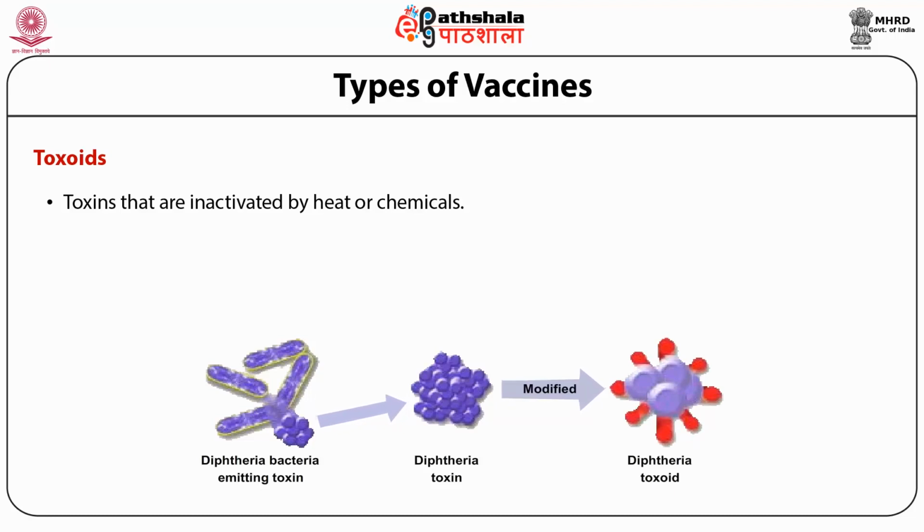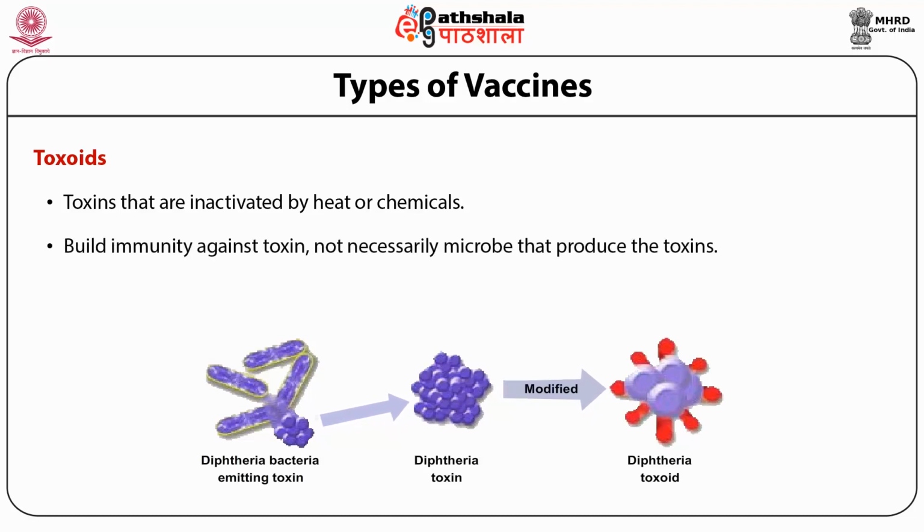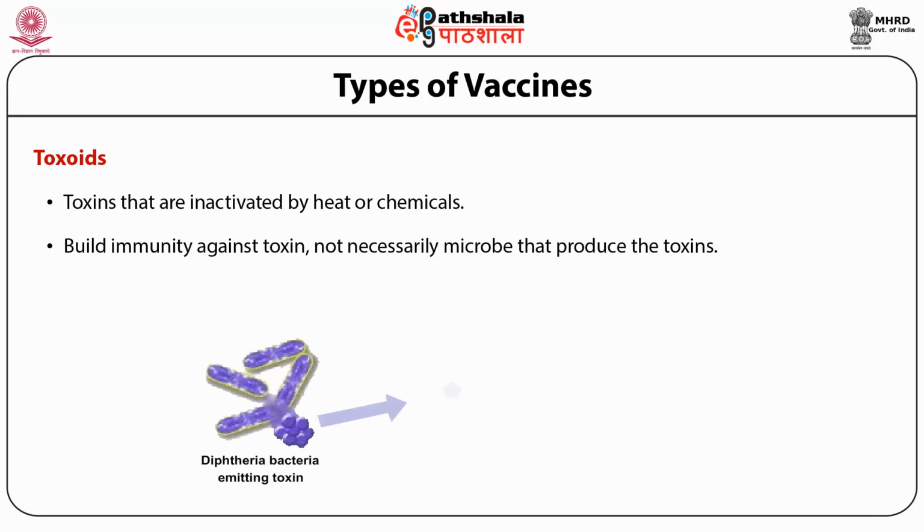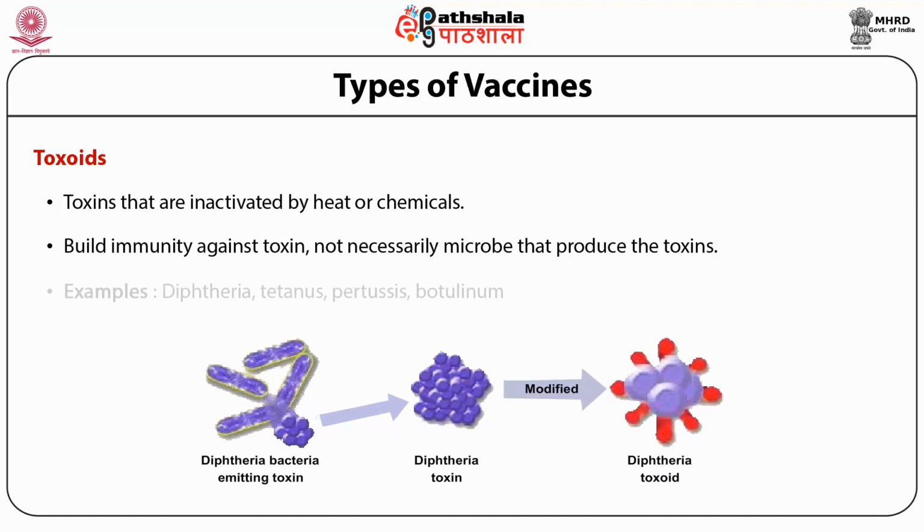So basically when you inject toxoid, the immunity is built against the toxin, and it may not necessarily be against the microorganism which has produced that toxin. Diphtheria, tetanus, pertussis and botulinum, these are toxoid vaccines.